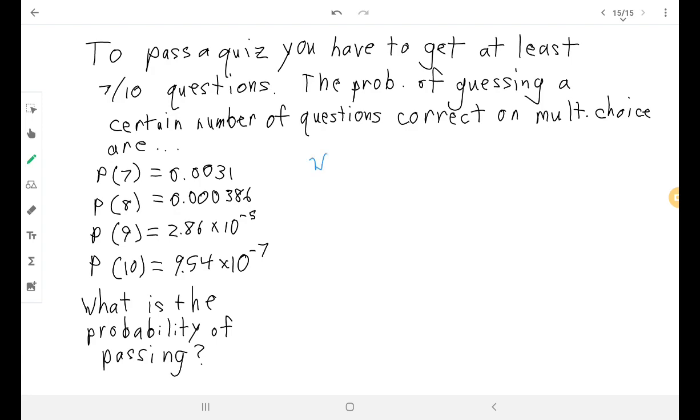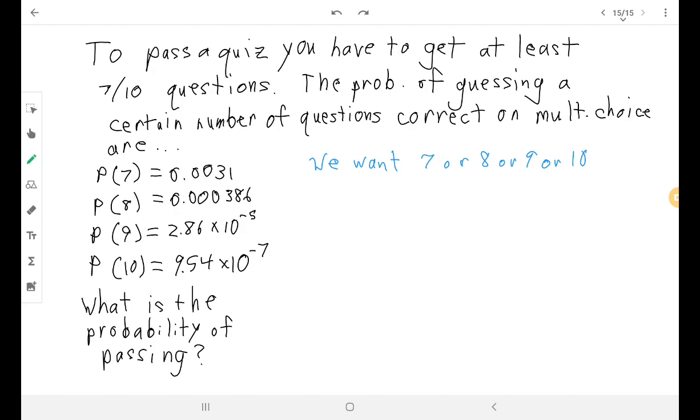So we want 7 right, or 8 right, or 9 right, or 10 right. And every time you say "or" and you're talking about probabilities, maybe with some more involved calculations, you're going to have to add.